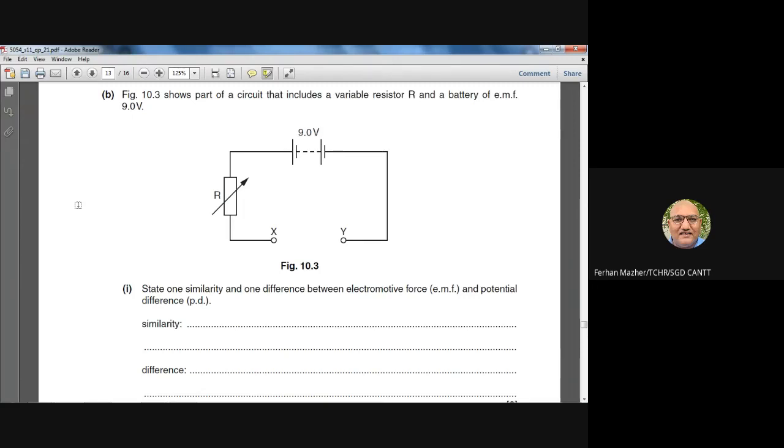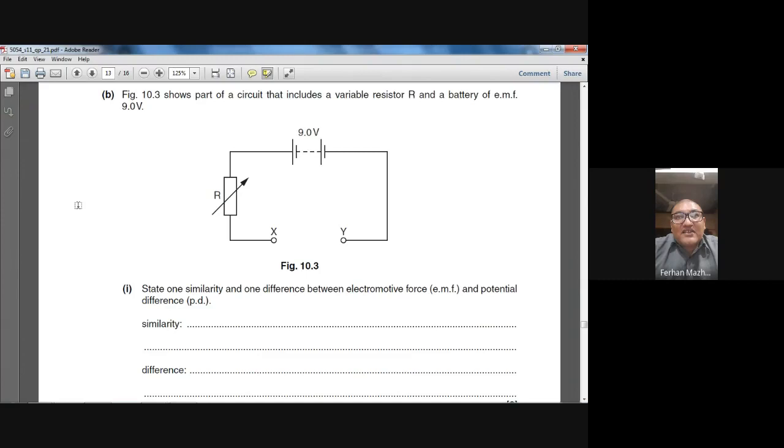The difference between them is the EMF is the voltage across the terminals of a source, and the potential difference is the voltage across the terminals of an appliance or a resistor or a component in the circuit.